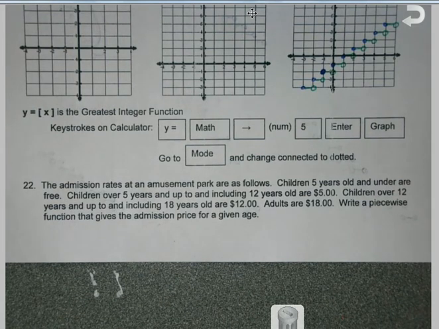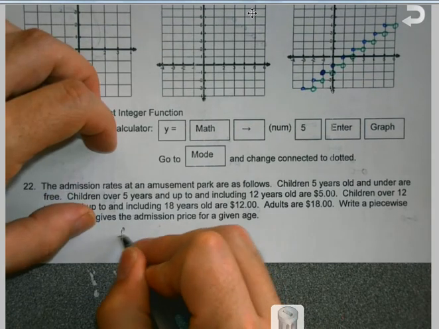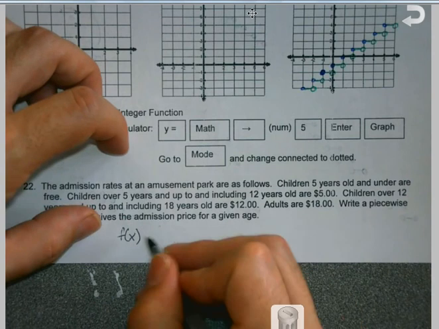So let's see here. The admission rates at an amusement park are as follows. Children 5 years old and under are free. From 5 up to 12 and including 12 are $5. Children over 12 but up to and including 18 years are $12. And adults are 18. Write a piecewise function that gives the admission price for each age. Oh, gracious.